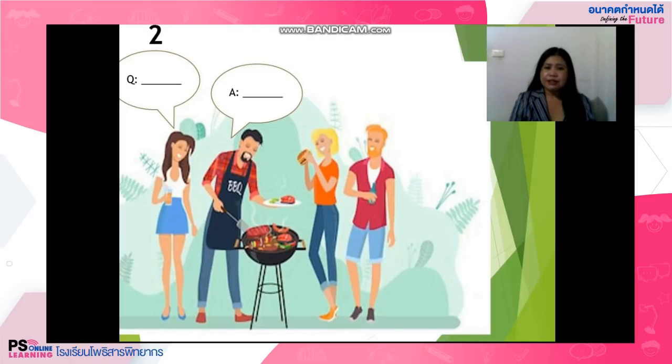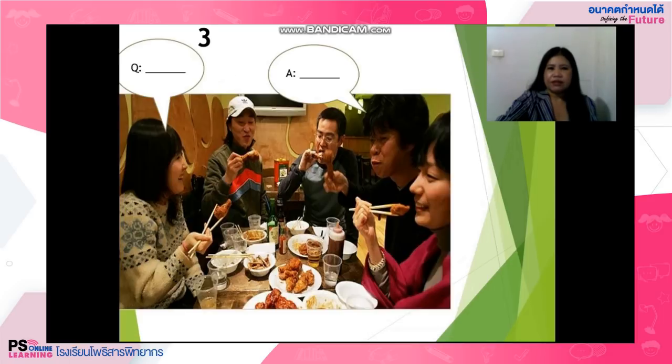Okay. Ready for the next? Number 3. Okay. So look at the picture. Look at the food. Look at what they are doing. So from the conversation structures that I have given you, what do you think is correct for this picture? What do you think is appropriate for this picture?